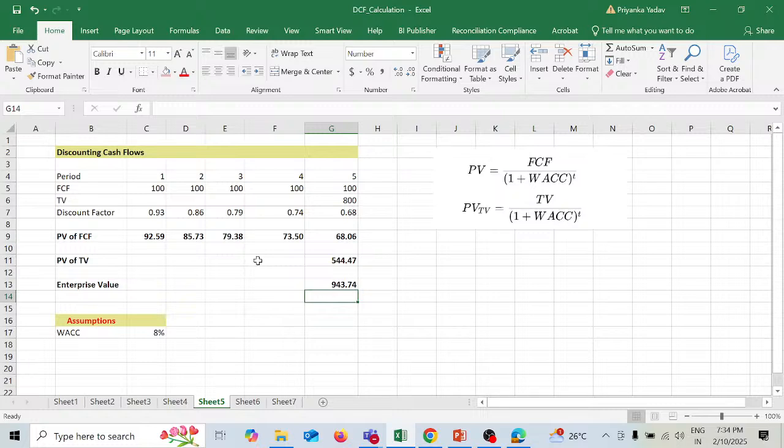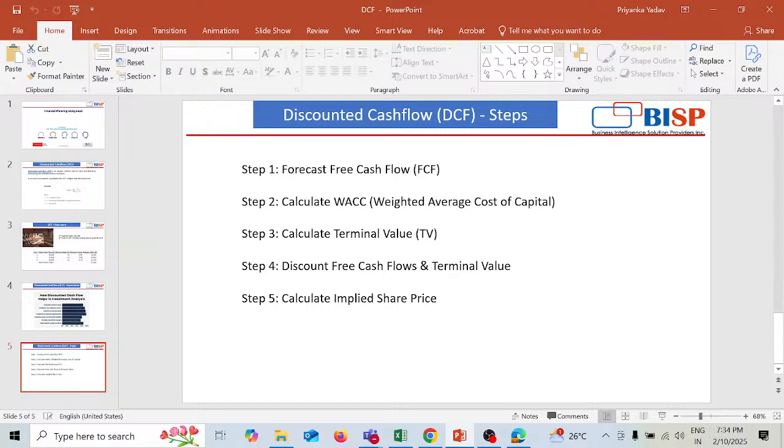After this, once you have discounted free cash flows and the terminal value, the last step is to calculate implied share price.